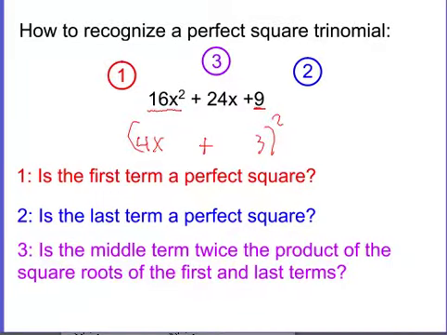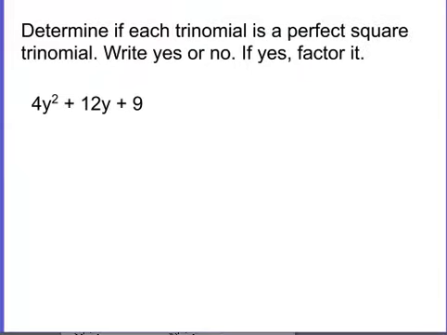All right? So, on these next few slides, determine if each trinomial is a perfect square trinomial. Write yes or no. If yes, factor it. So, is the first term a perfect square? Yes. Is the last term a perfect square? Yes. Is the middle term 2 times the product of the square roots?